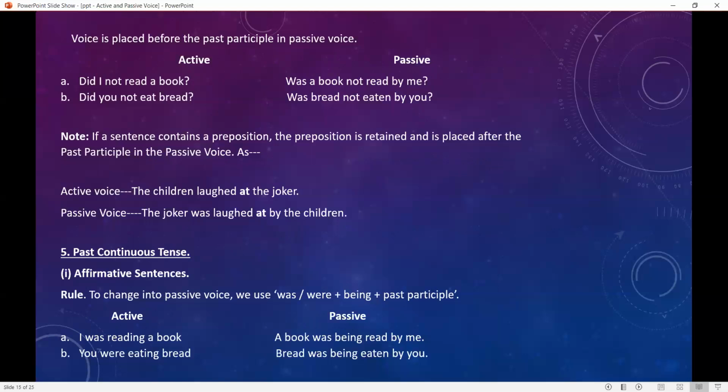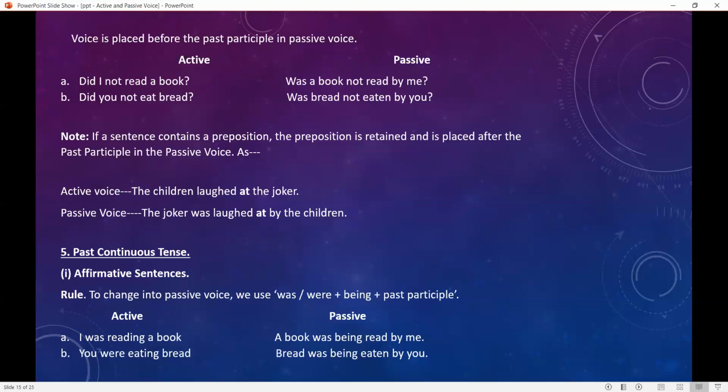And in passive, the joker was laughed at by the children. Now you know the position of at, the preposition, to be retained and placed after the past participle in the passive voice, that is laughed. Do you understand?